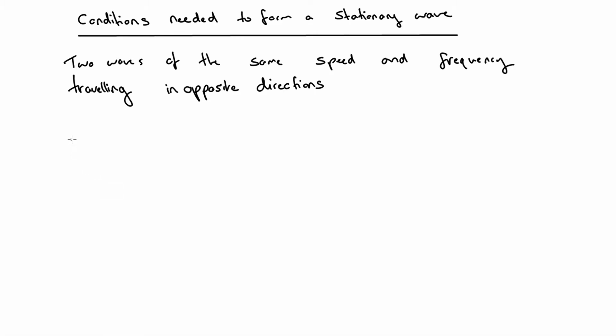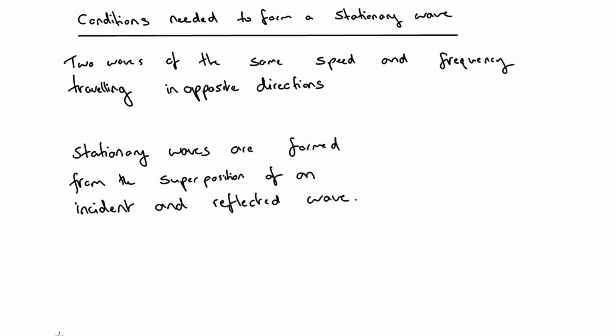The easiest way to do that is simply to have an incident wave and a reflected wave. So stationary waves are formed from the superposition of an incident and reflected wave. If we reflect a wave off some surface, the reflected wave will have exactly the same speed and frequency as the incident wave, but it will be travelling in the opposite direction. It will superpose with the incident wave and we will get a stationary wave pattern produced.